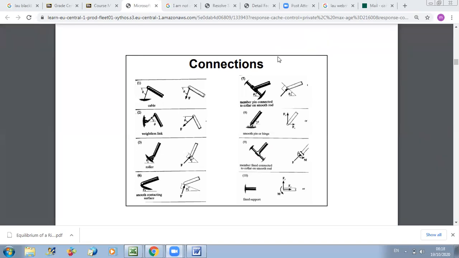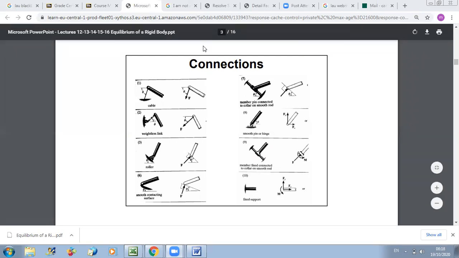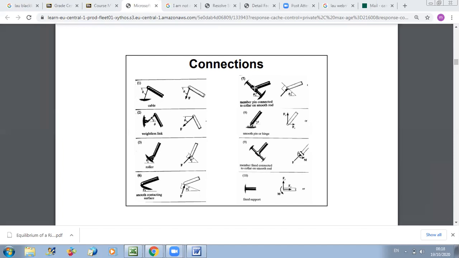Yes, Naim. For the collar part, look, the collar is a sliding object. So the collar can slide. If you attach a member to the collar, it will be able to slide along this direction. Because it will slide, you will not have resistance to motion along the sliding direction.